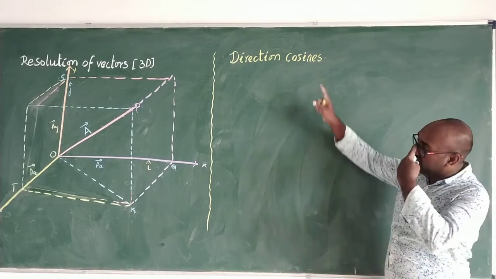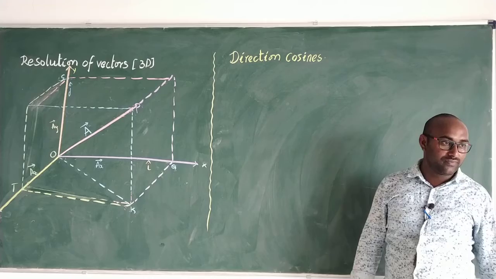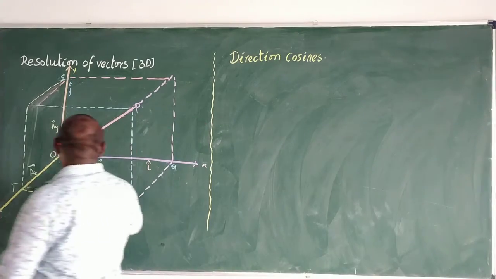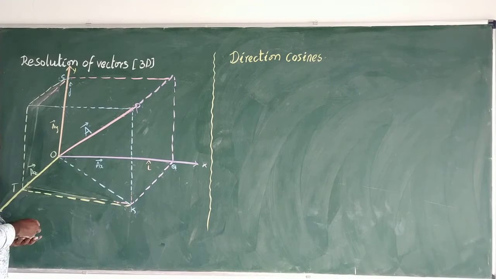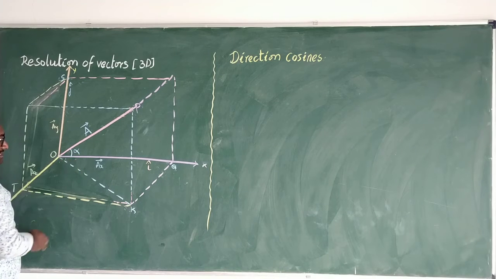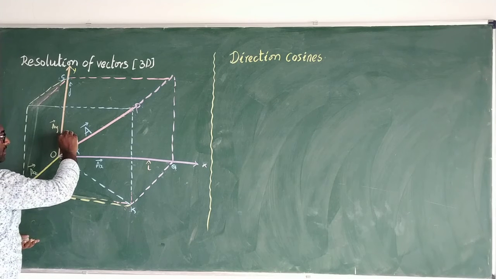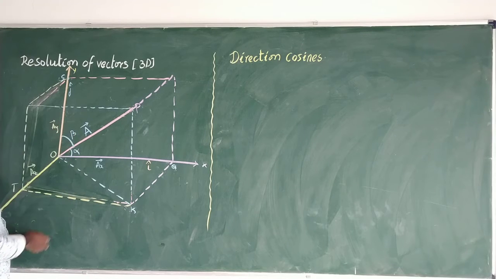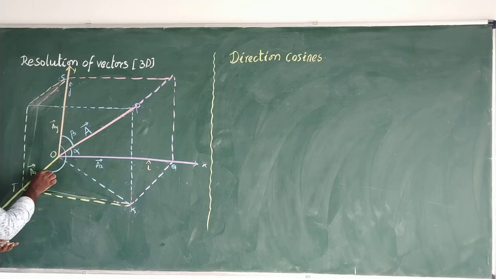Okay. Direction cosines. The diagram is the same. Here the given vector A is making an angle alpha with the x-axis, beta with the y-axis, and gamma with the z-axis.